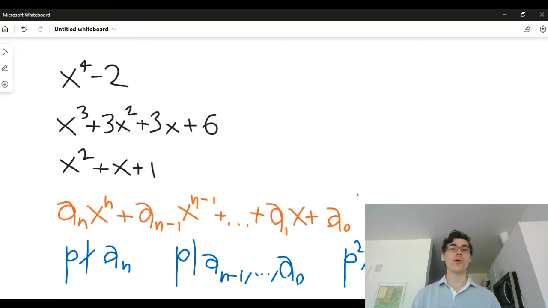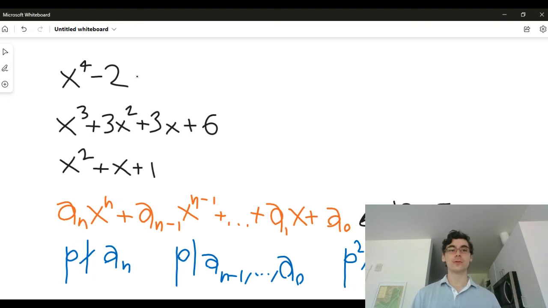But then you also want p squared to not divide the constant coefficient or the constant term. And the claim is if all of these things are true simultaneously, then this polynomial is irreducible over Q, which also implies that it's irreducible over the integers as well. Okay, so how are we going to apply that to our polynomials here?